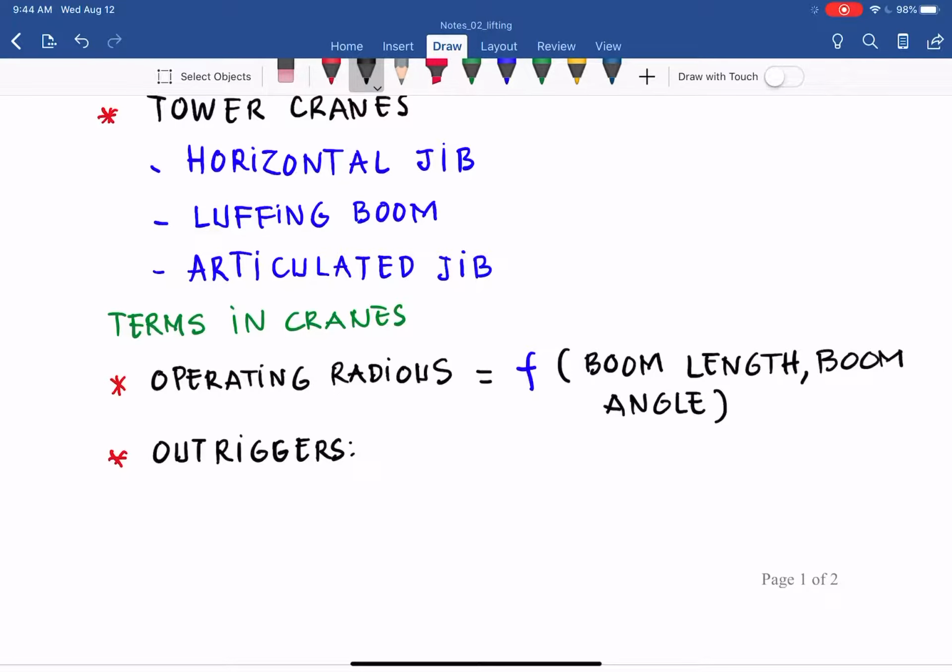So that is the outrigger. Let's write down: the beams, normally four or more, that widen the effective base of a crane.